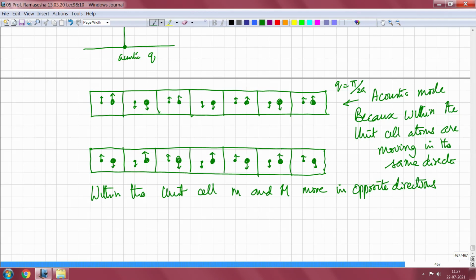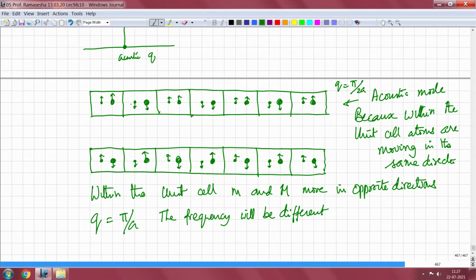So that means that I still have q equal to pi by a, but the frequency will be different. Even here the frequency will be non-zero, because on this bond, which is 2 unit cells apart, the atoms are moving in opposite directions.